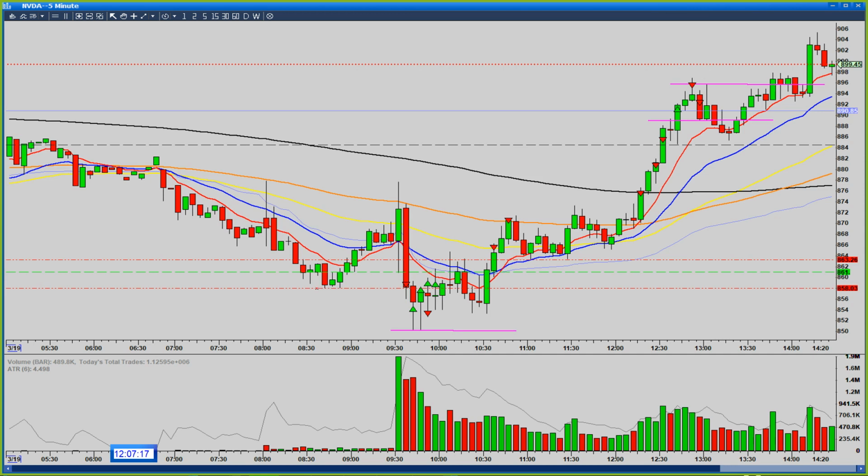Okay, here was the break. This was the break of the pre-market low. This is a 5-minute opening range low, which I think was a daily level anyway. Once we got through it, I got in, shorted it, got this candle, got the first target. My second target was 850.